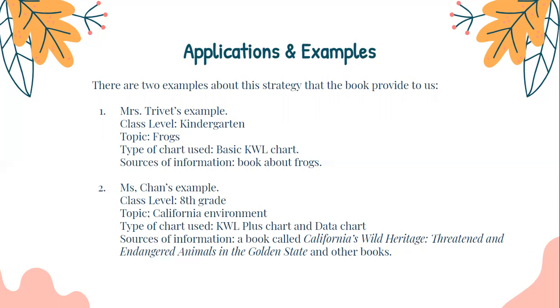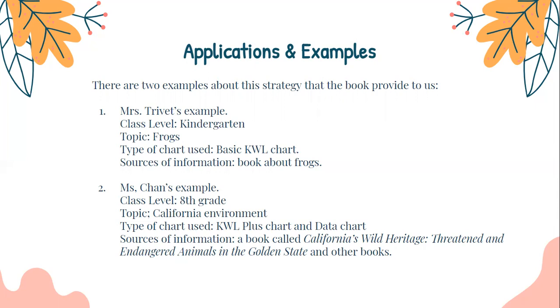Also, to make the lesson plan more interesting, Mrs. Trivit creates a simple book with information her students gather from the books, and the children must complete this book by writing simple sentences and drawing pictures to illustrate the sentences. By doing this activity, Mrs. Trivit's students would be able to use a combination of drawing and writing to compose informative texts about a topic.